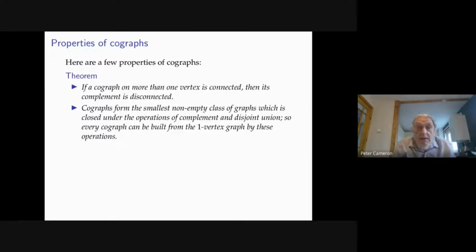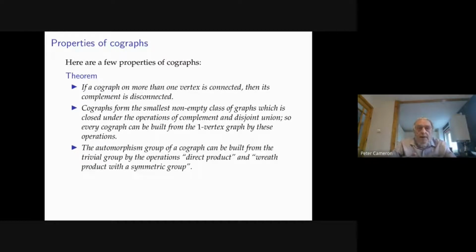What that means is you can build every cograph by starting with the one vertex graph, and you're allowed to take disjoint unions and the complement of what you've already got. So you could take a bunch of disconnected vertices, take the complement, that's a complete graph, get a bunch of complete graphs, take the complement, build up like that. And so every cograph arises in that way.